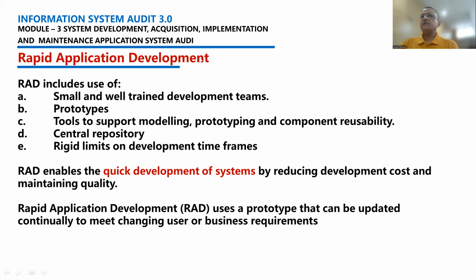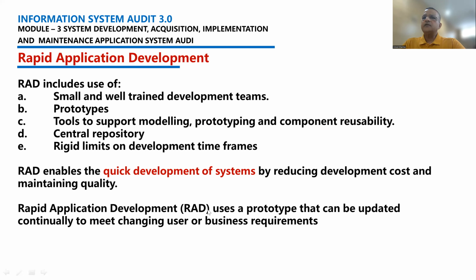Rapid application development, as the name itself says, has a restriction on time. RAD enables the quick development of systems by reducing development cost and maintaining quality. When you are doing rapid application development, there is a component of reusability, you have a central repository, and you work with prototypes, so obviously you're going to save cost and quality will be better.